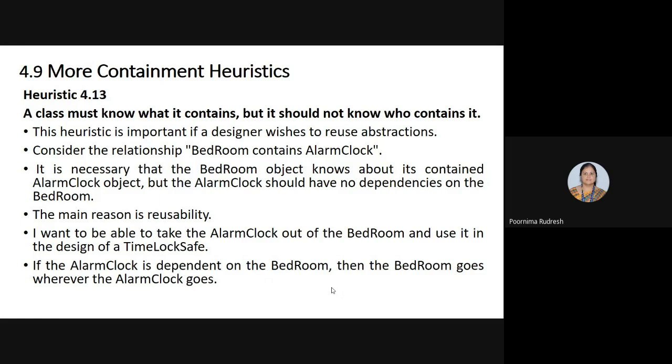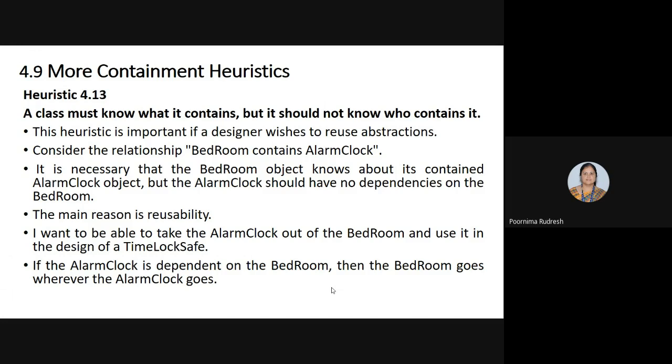Whenever you are creating a class, that class must know what it contains, but the class should not know who contains it. This heuristic is important if a designer wishes to reuse the abstractions, to make use of reusability.